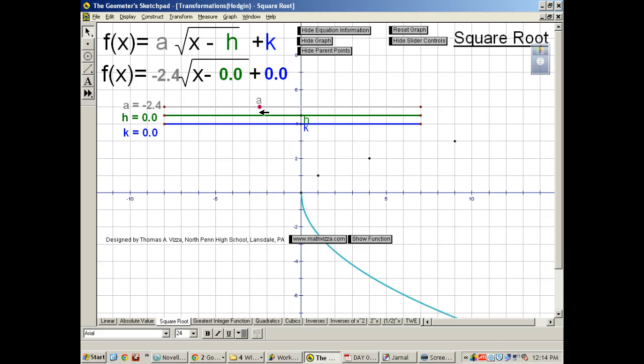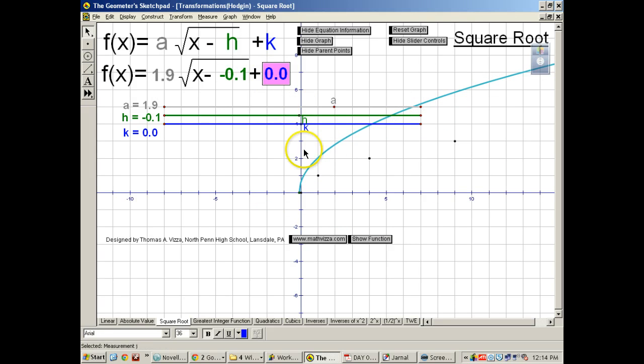Absolute value was opening down. If this was negative, every single time that number in front went negative, it opened down. If there's a number inside, it was always the opposite. So if this number was like +2, it really moved it left 2. If the number on the outside was +2, that was regular, move it up 2.